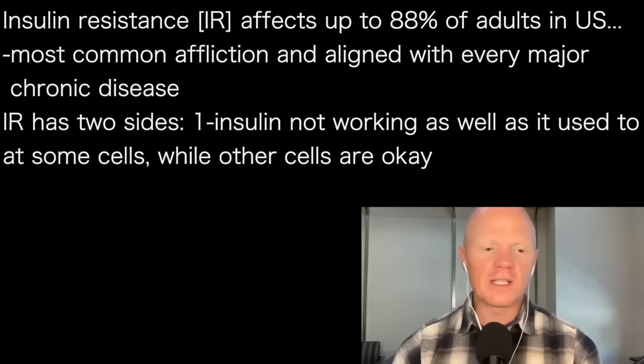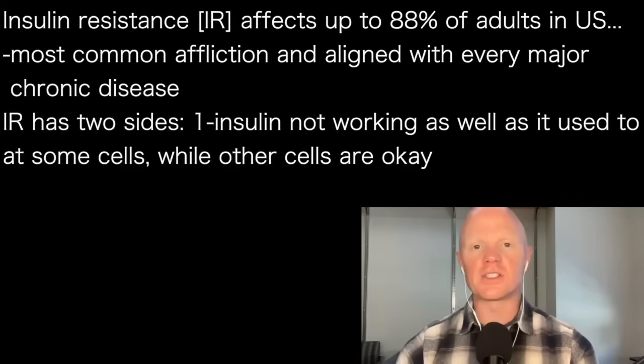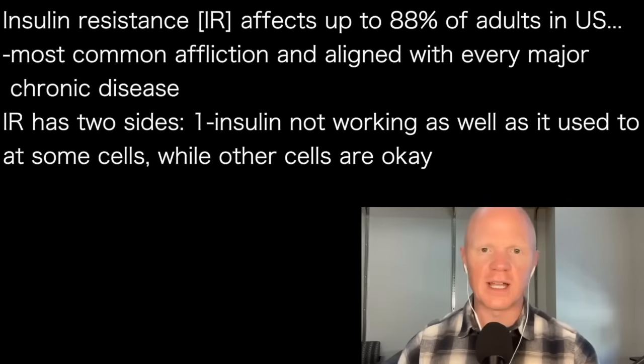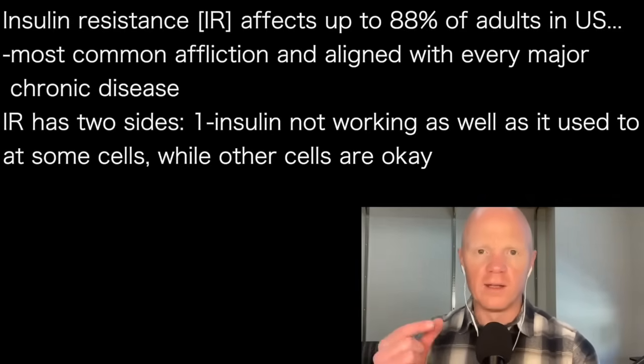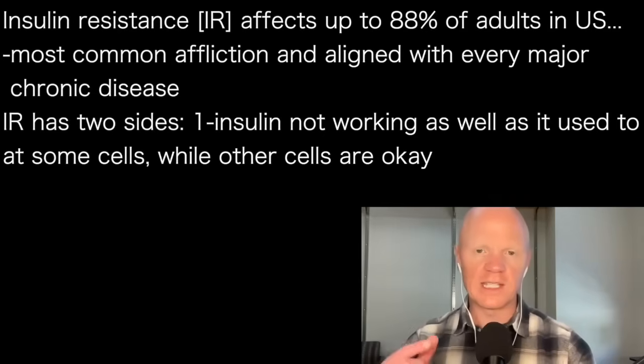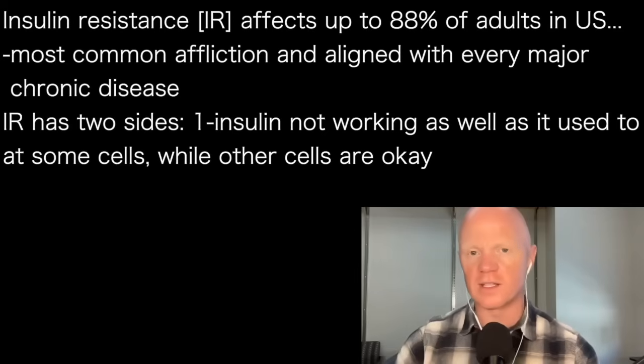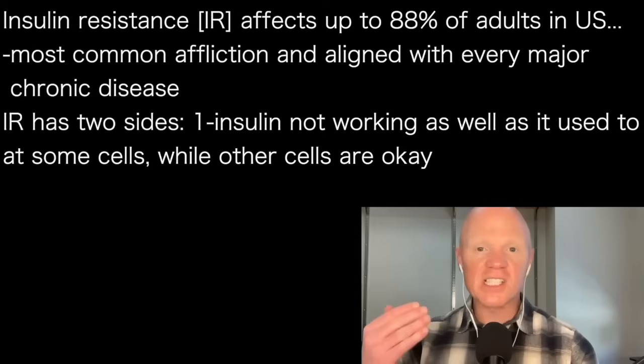So how does it start? Firstly, let me just provide my own very brief definition of what insulin resistance is. And I will invoke a metaphor of a coin. Imagine this coin that I'm holding is insulin resistance. On one side of the coin is the phenomenon that you just described, which is insulin isn't working as well as it used to. At some cells, I will add that as a provision here.